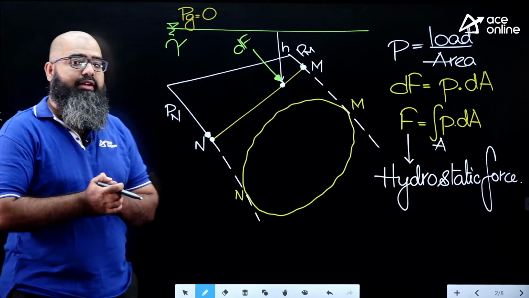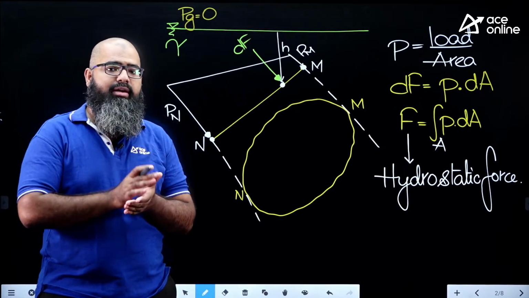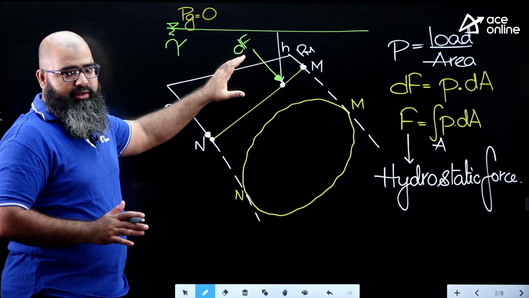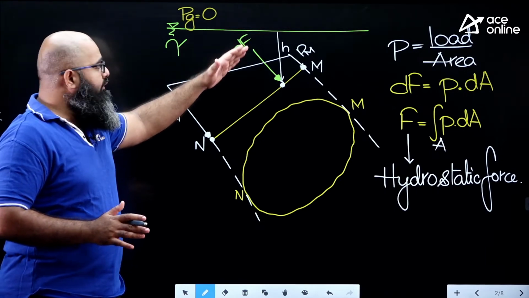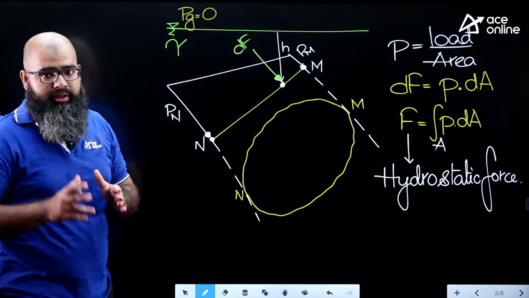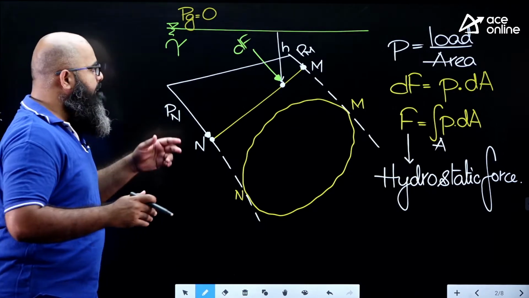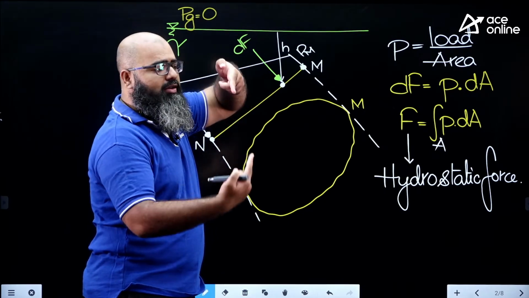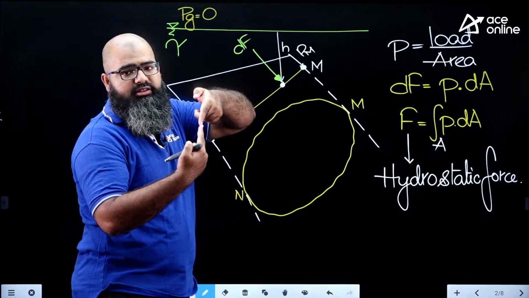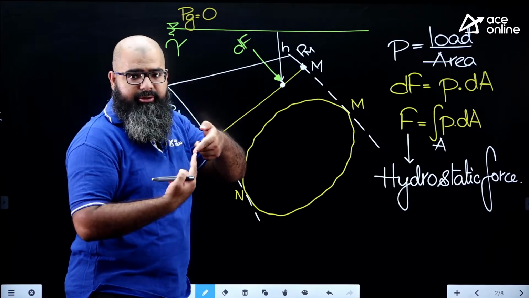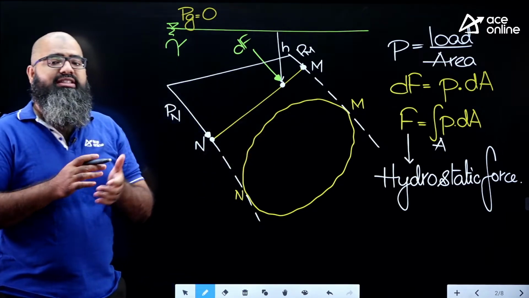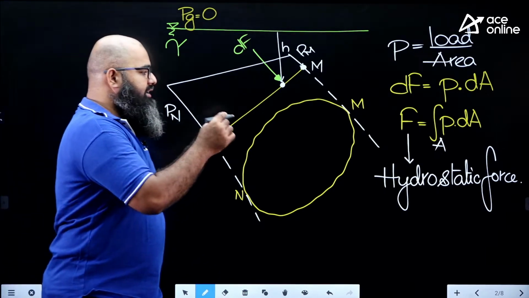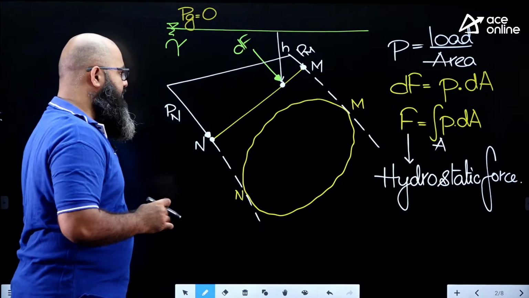We define hydrostatic force as the net force acting by virtue of hydrostatic pressure intensities on one side of a plate, when the plate is submerged inside a fluid. Mind you, we are only looking at one side, because if we looked at both sides, the hydrostatic force would get nullified, because you have a downward thrust as well as an upward thrust. Both of them would get nullified. So the net force acting on one side of a plate by virtue of hydrostatic pressure intensities is known as the hydrostatic force on one side of a plate.